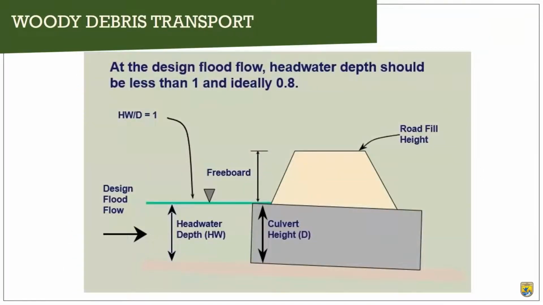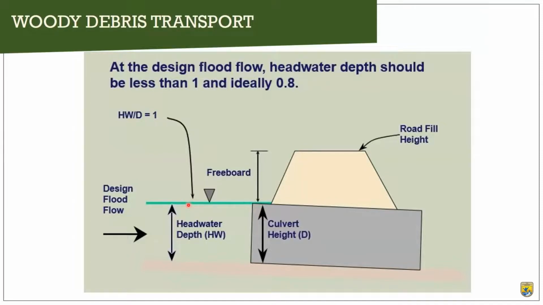For woody debris transport, we want to think about the headwater depth of our culvert. Because the culvert constricts the flood flows, we're going to see the headwater rise upstream of our culvert at higher flood levels.